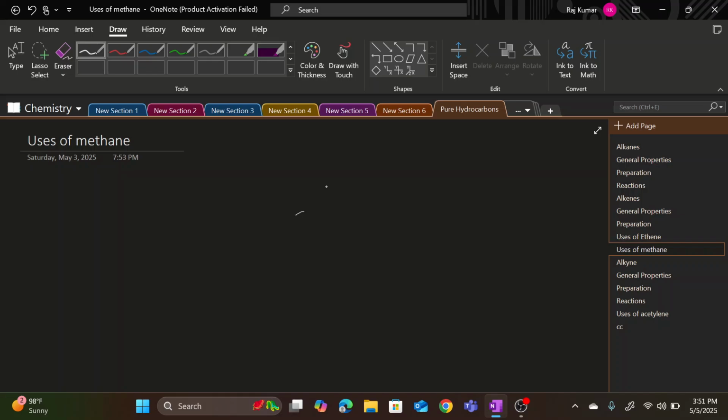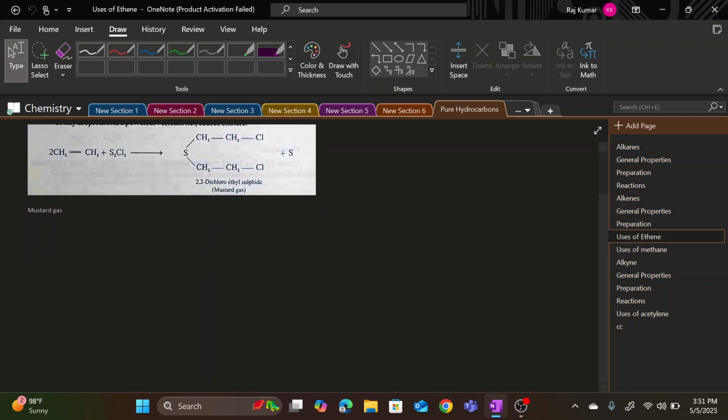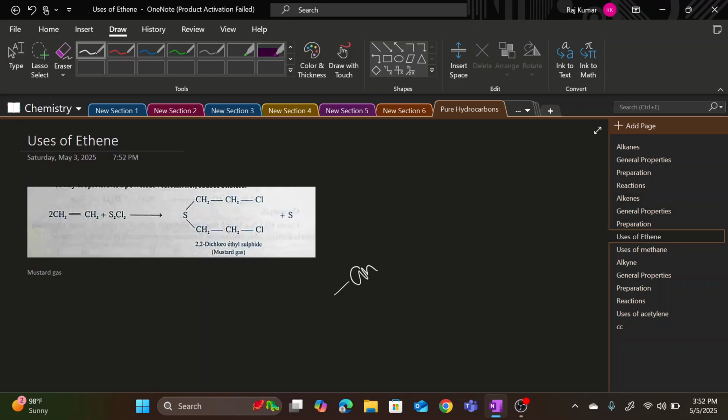On the other hand, ethene has a lot of uses. Number one, ethene is used as an anesthesia.